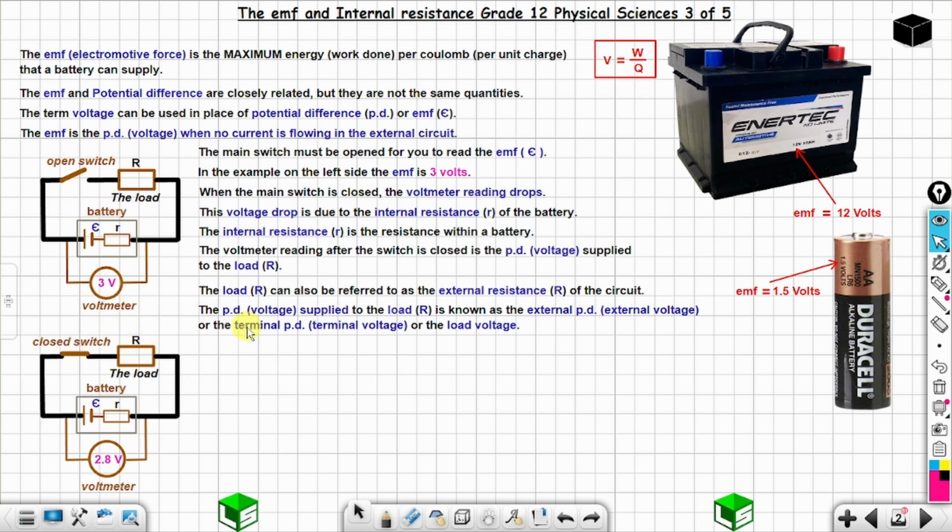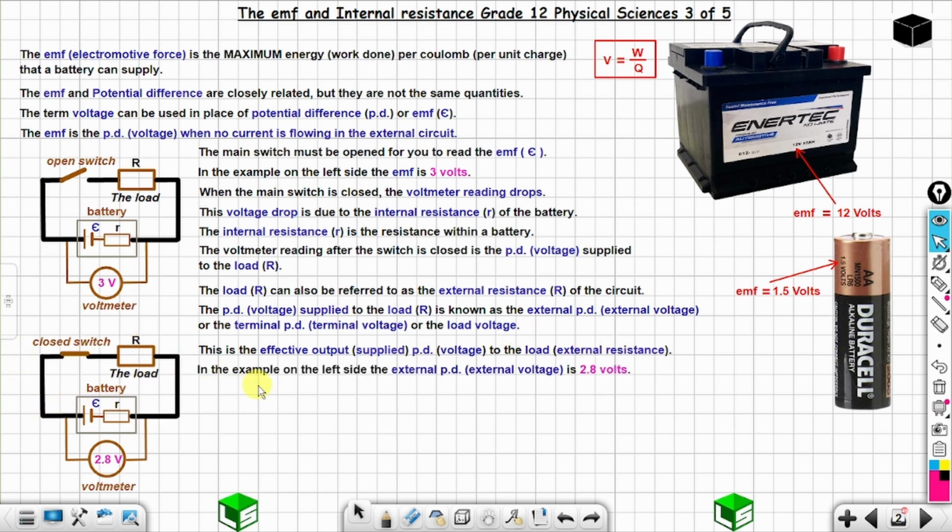Okay, this is how you can remember. You can also call the supplied potential difference or the supplied voltage the load voltage. This is the effective output, or the effective supplied potential difference or voltage, to the load or to the external resistance.